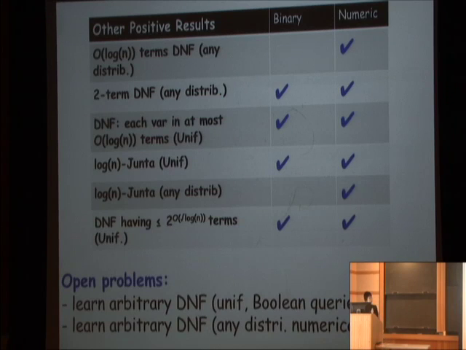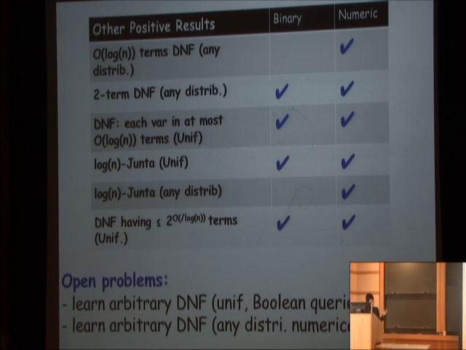We know we can learn arbitrary DNF using exact numerical queries under uniform distribution. Assuming DNF learning is hard, we cannot learn arbitrary DNF with Boolean pairwise queries under general distribution. But what about the other squares?